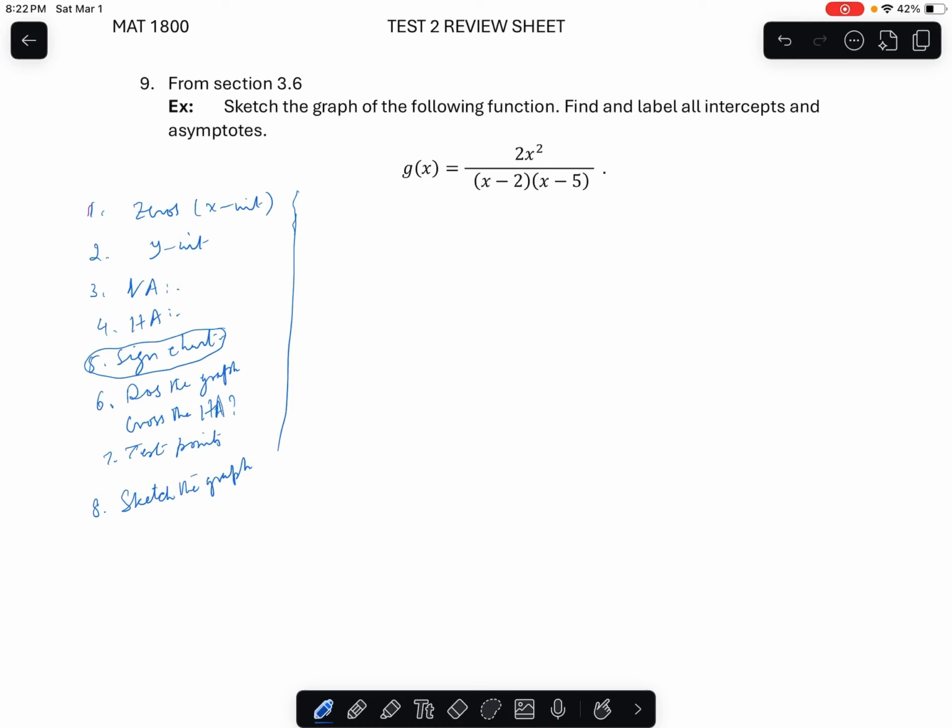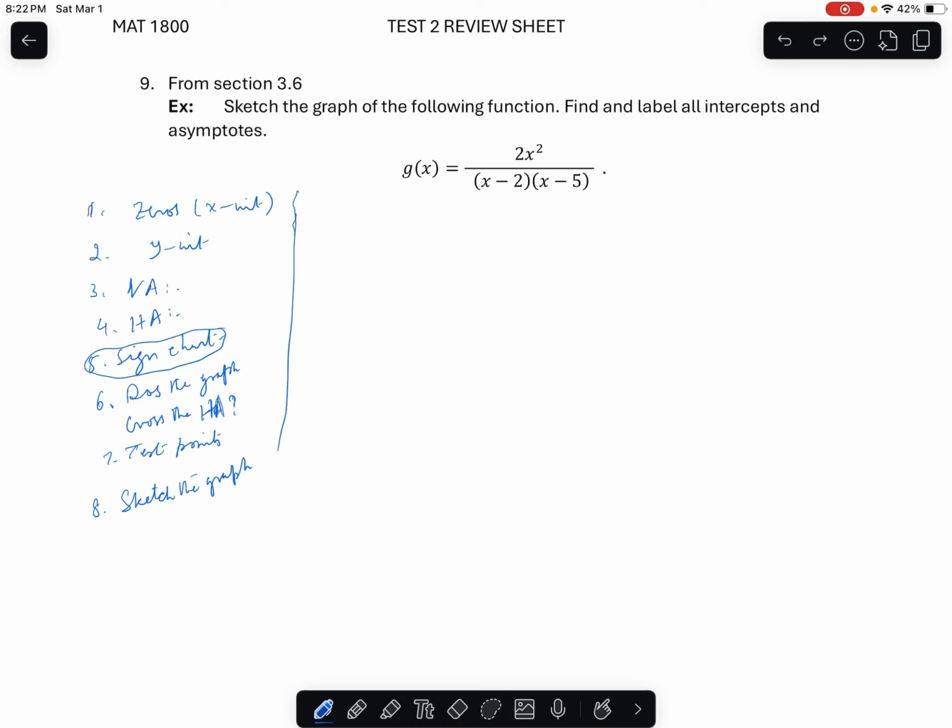In the graphs of rational functions, sometimes the graph crosses the horizontal asymptote and sometimes it doesn't. Then it's always better to test some points just to make sure that we are graphing the portion of the rational function in the correct region.